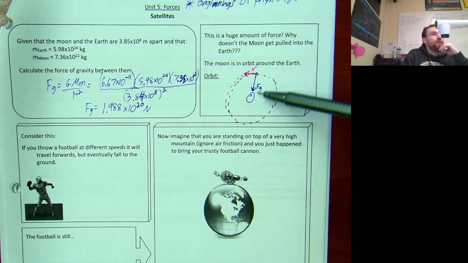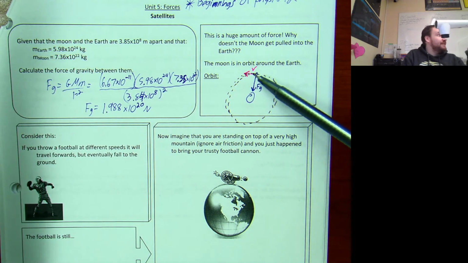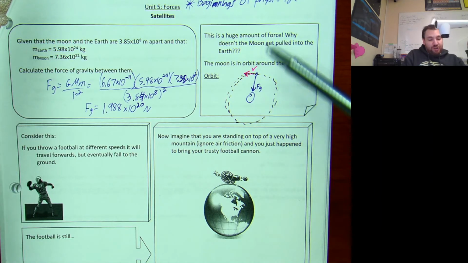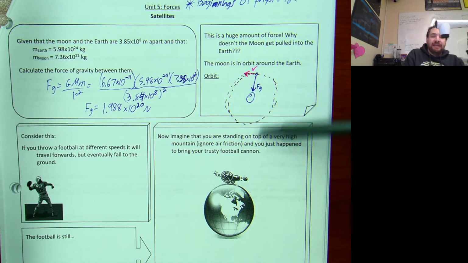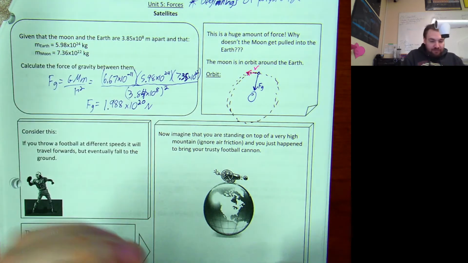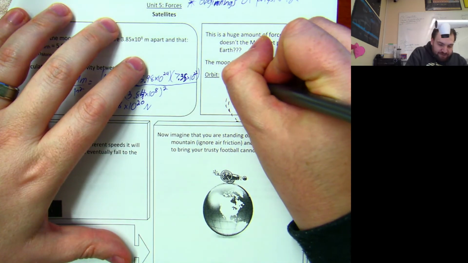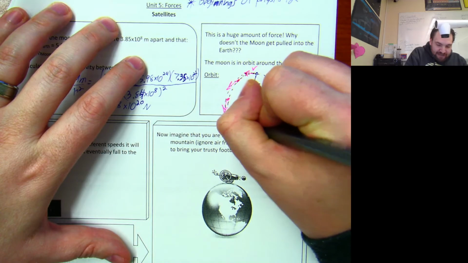It's this inward force that pulls on the Moon, but it's the velocity that the Moon has that prevents it from actually hitting the Earth. So we've got a Moon that's always trying to travel out as gravity is always trying to pull it in. So everywhere along this path, because it's not a perfect circle, the Moon is trying to get away.